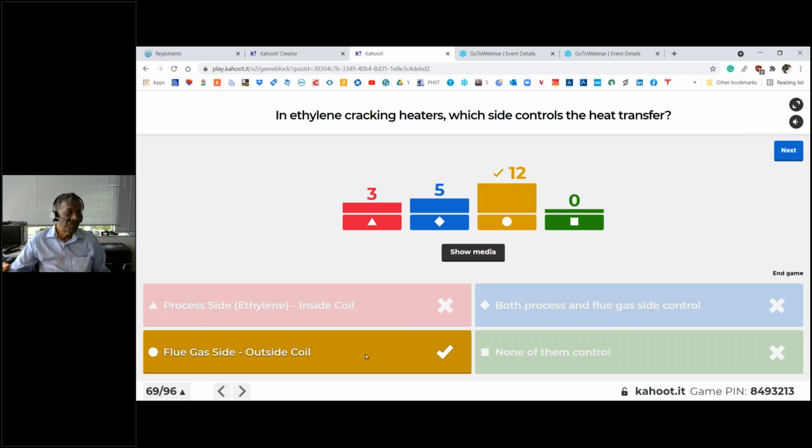And the reason flue gas is controlling is that the side which has a lower heat transfer coefficient controls the heat transfer overall. Flue gas side heat transfer coefficients are much lower as compared to the fluid side heat transfer coefficients. So that is why the flue gas side is always controlling, and it's pretty important.